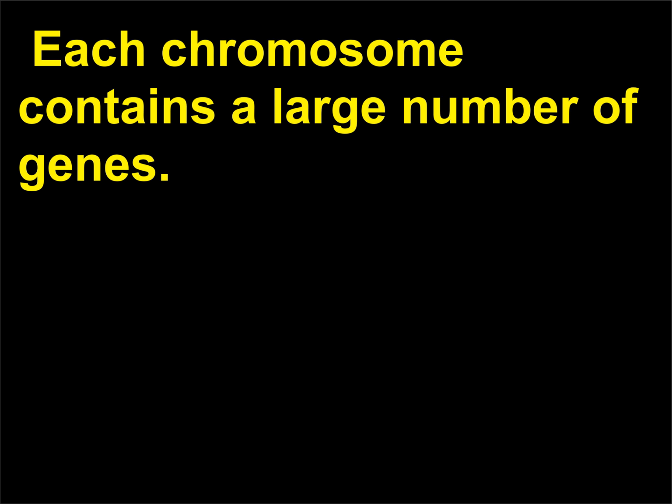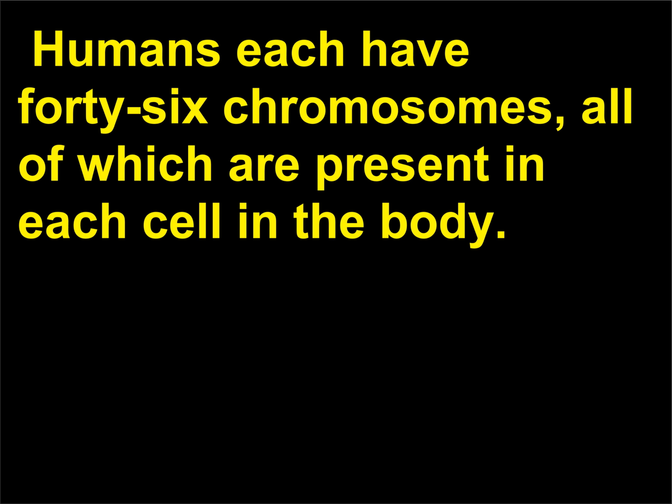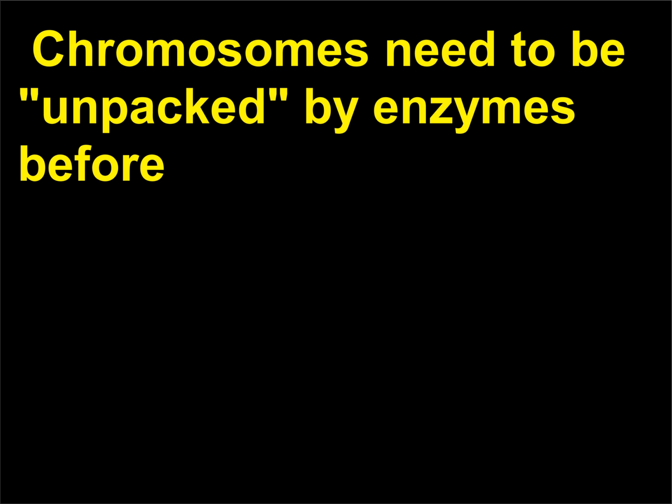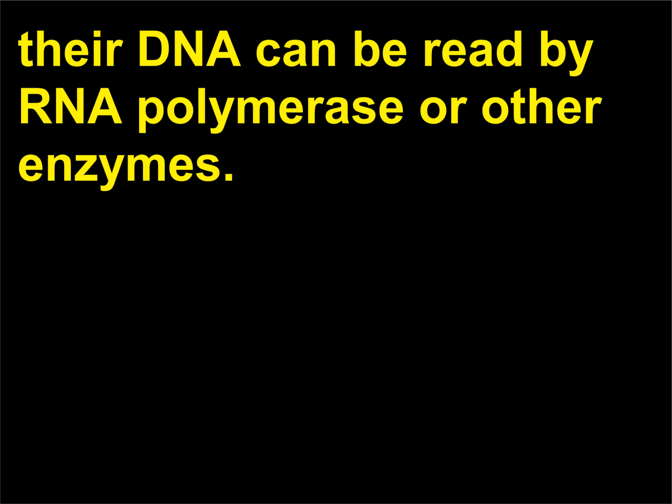Each chromosome contains a large number of genes. Humans each have 46 chromosomes, all of which are present in each cell in the body. Chromosomes need to be unpacked by enzymes before their DNA can be read by RNA polymerase or other enzymes.